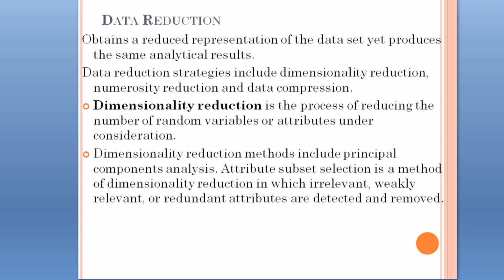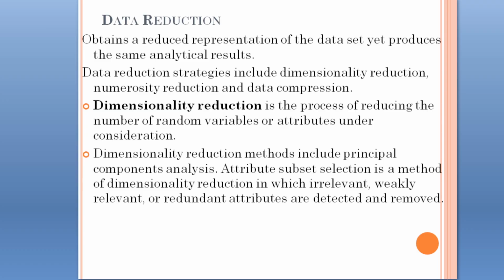Dimensionality reduction is the process of reducing the number of random variables or attributes under consideration. In dimensionality reduction, data encoding schemes are applied so as to obtain a reduced or compressed representation of the original data.